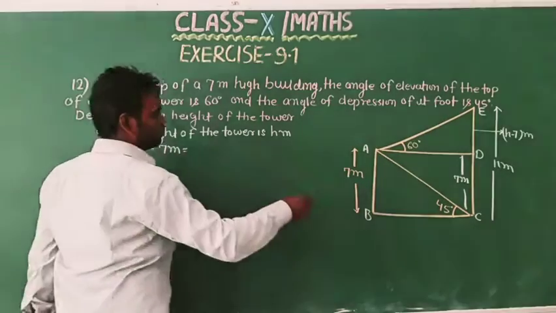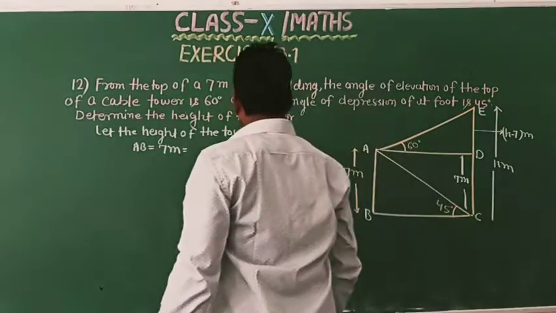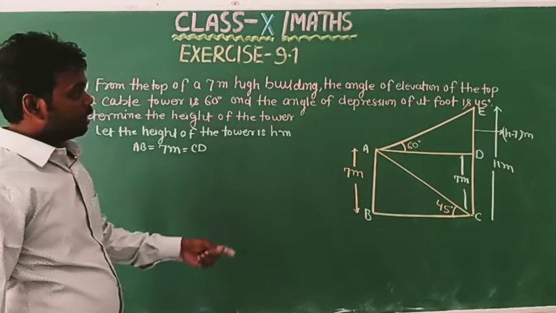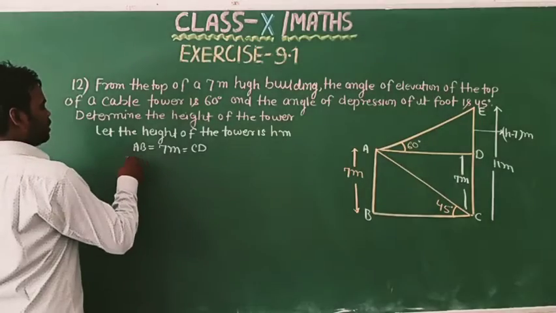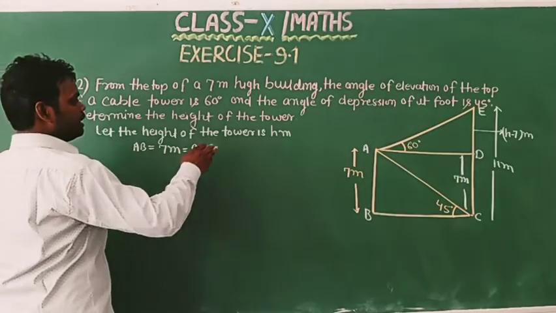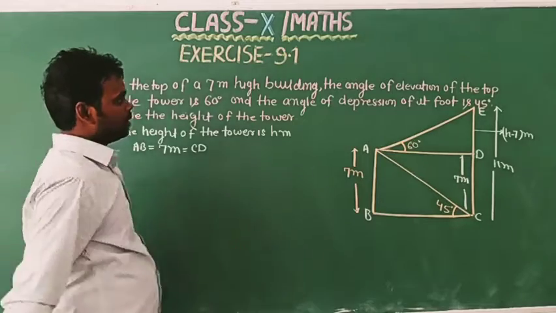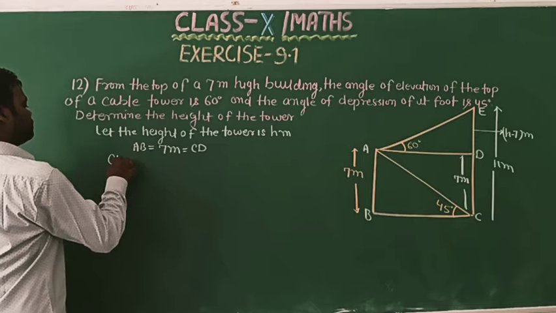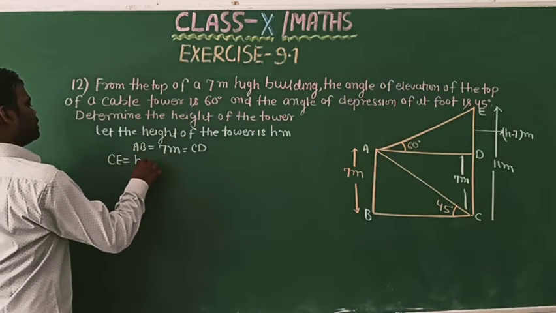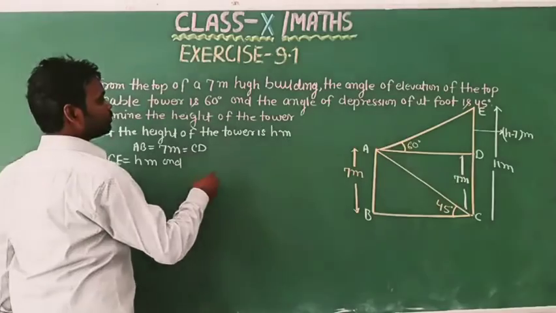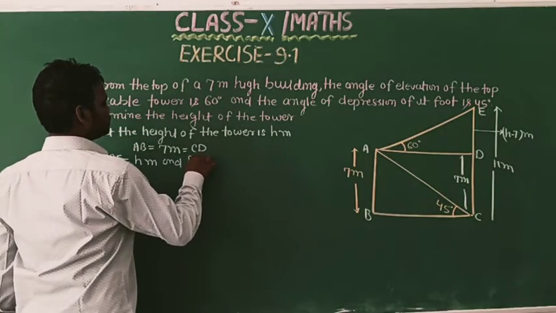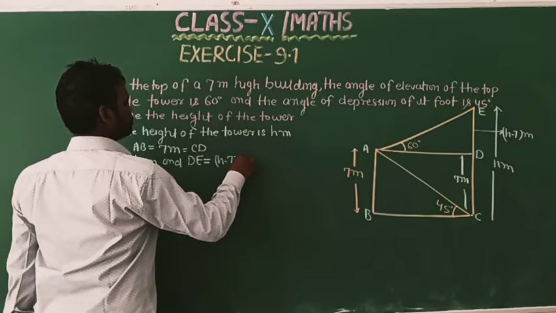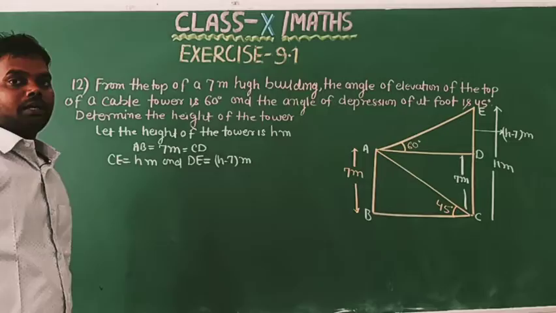AD is 7 meter and CD is 7 meter, and the height of the tower CE is equal to h meter, and DE is equal to h minus 7 meter.